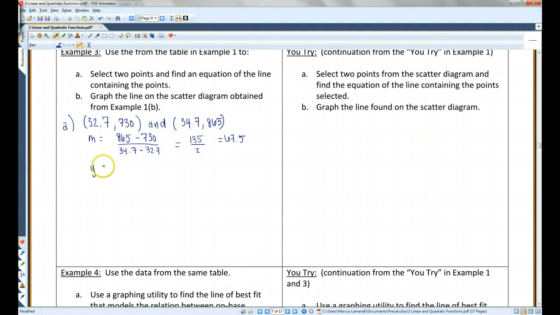If you guys don't remember that, it's y minus y1 equals m times x minus x1. I have my m, and my x1, y1 was 32.7 and 730, so I'm going to plug those in. And there we go.